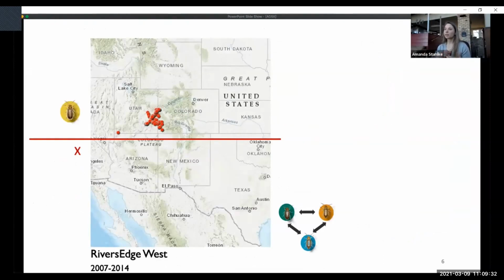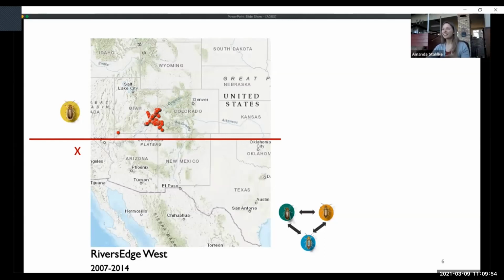I'll show you these observational presence points for Diorhabda across the Western US. These are data collected by River's Edge West, and each successive year is a different color. So between 2007 and 2014, the points will play here.